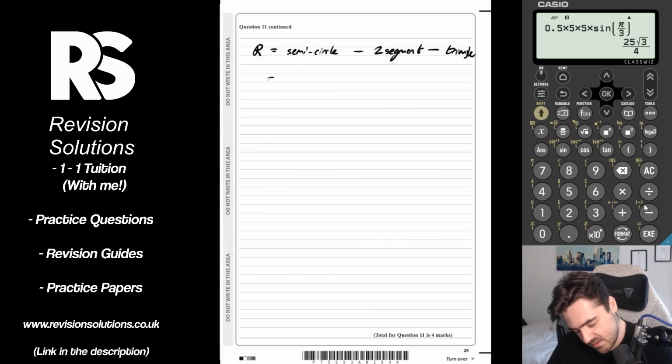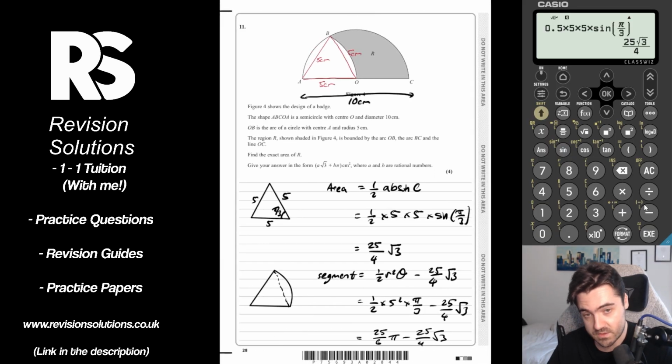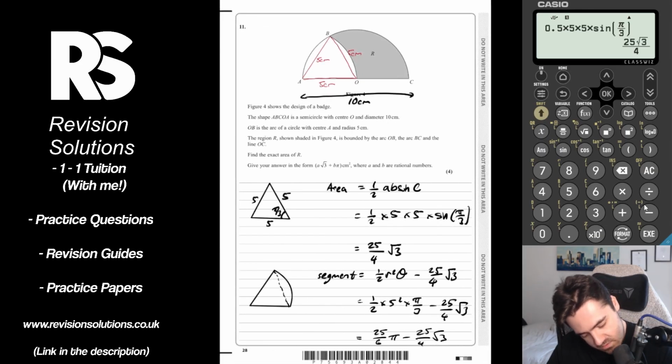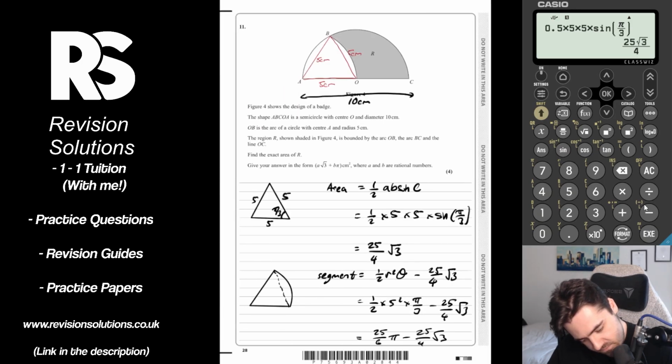So bringing that all together, a semicircle is just going to be half of pi r squared. So a half times pi times the radius is 5, so times 5 squared, minus 2 lots of our segment, which was this guy down here. I'm just going to copy and paste him. So we need 2 lots of that guy, and then minus the triangle, which was just the 25 over 4 root 3.